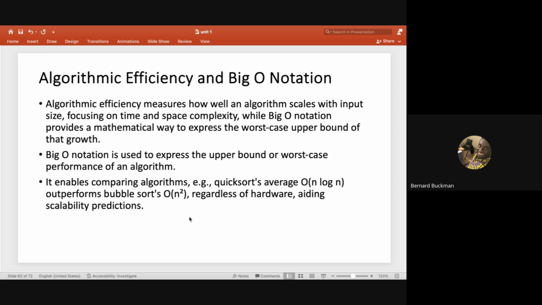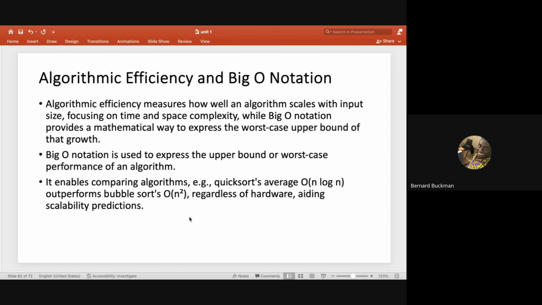Now, whenever we talk about algorithm efficiency, we normally measure the efficiency of our algorithm in terms of something called big O. Big O is a way to classify whether the algorithm runs well or not, so it's a way we can use to compare.